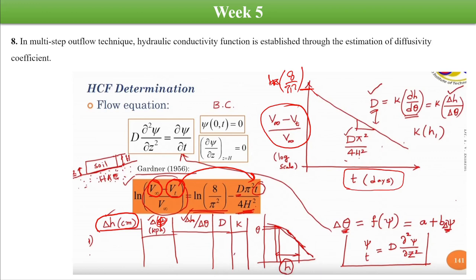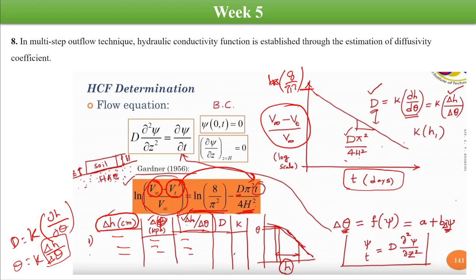Then based on this we obtain the term delta h upon delta theta, because we know that D is equal to K times dh upon d theta. For small increments we can write K delta h upon delta theta. So we need to obtain this delta h upon delta theta for every small increment.